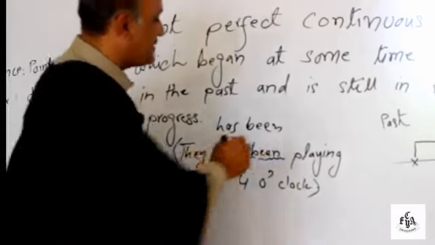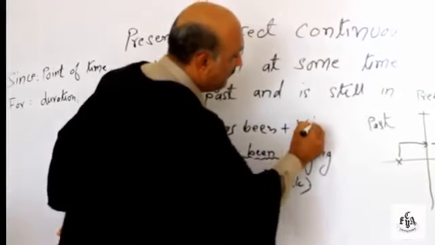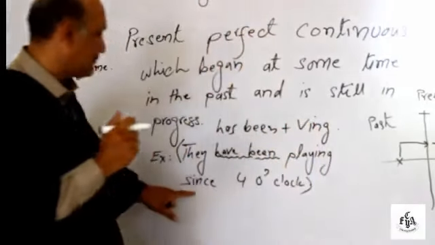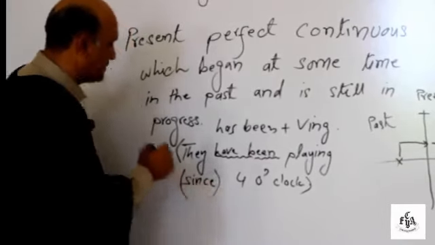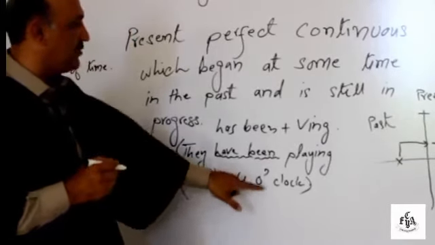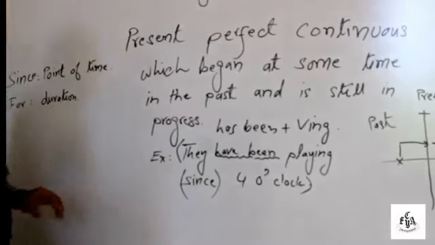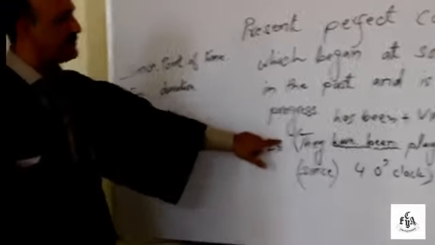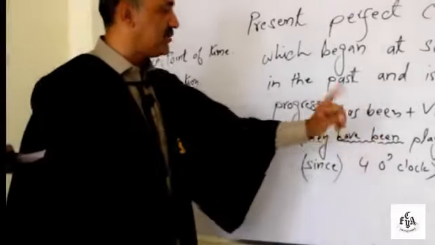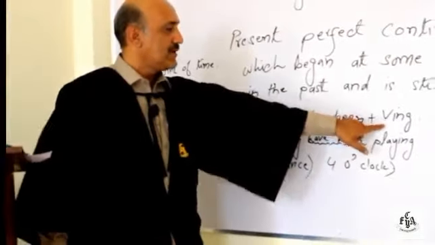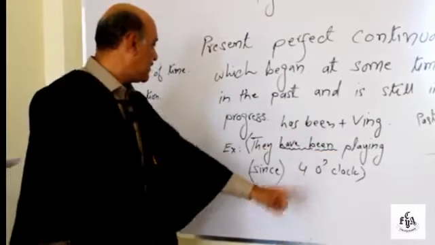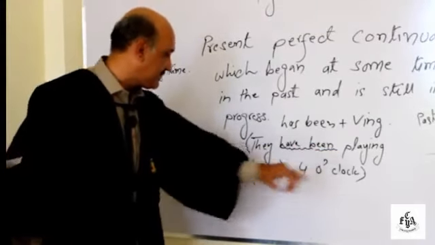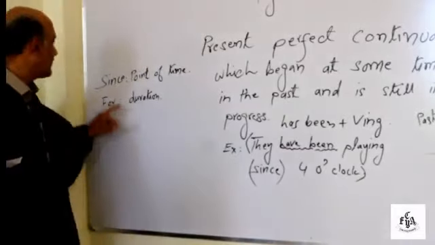Have been, has been plus verb ing. Since 4 o'clock, and then we get adverbs of time. The structure of this sentence is subject, auxiliary verb has been or have been, present participle form of verb, then object, and then this time phrase.